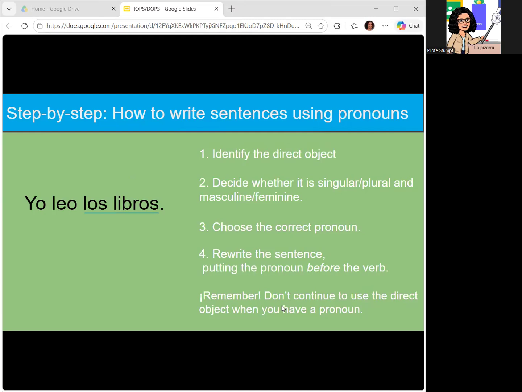Rewrite the sentence and remember, do not continue to use los libros. Do not continue to use the direct object once you have replaced it with los. Yo los leo.